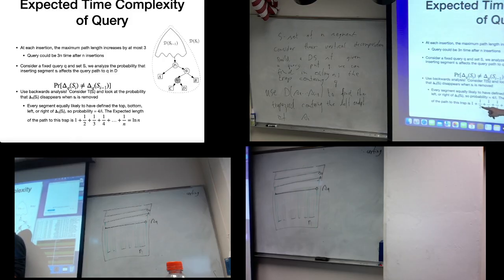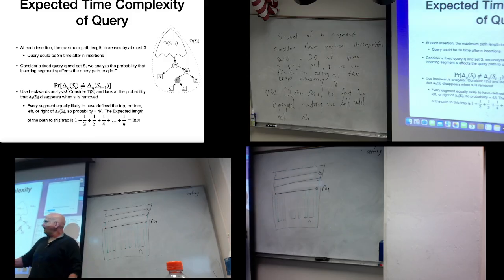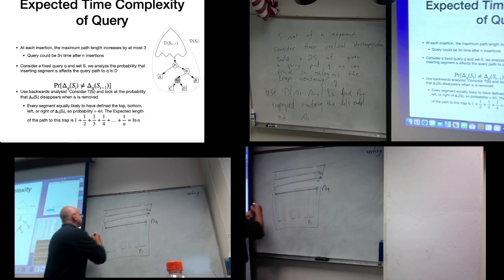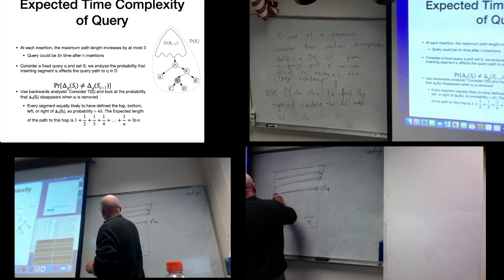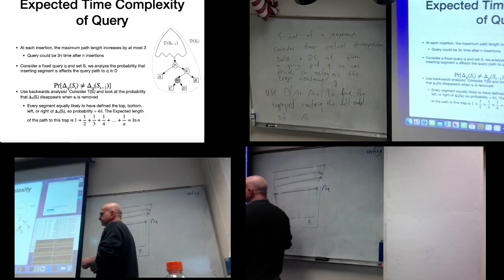And for each one of the random variables, you're asking, is the path to the query point changed? I'm changing the game. I'm picking my query point, and now I start adding the segments and ask, when I'm adding Si, did the path to Q change? Is it longer or not because I'm adding Si?